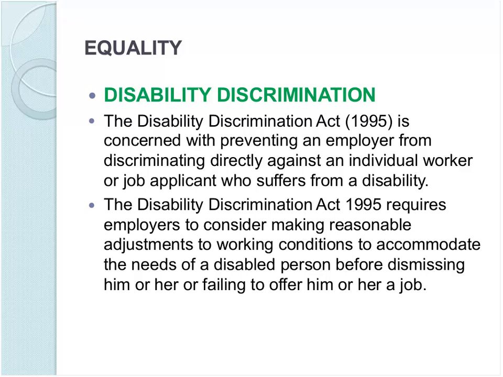This act says that the employers, the company, have to consider making some reasonable adjustments to working conditions to accommodate the needs of a disabled person before dismissing him or her or failing to offer him or her a job.